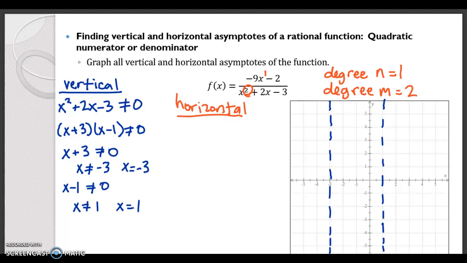Which means n equals 1 is less than 2, which equals m. Well, we can rewrite that as n is less than m, right? If you want to go back and look at the linear over constant over linear video, n less than m means y equals 0 is my horizontal asymptote. So that would be this right here.